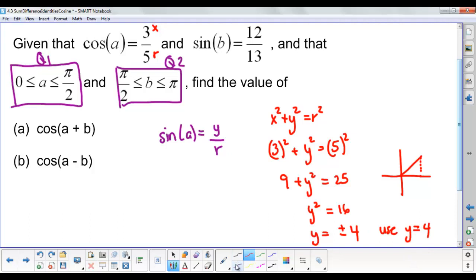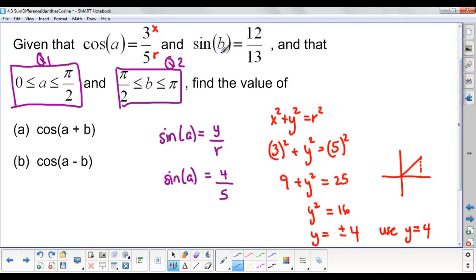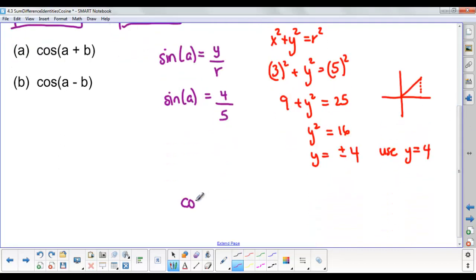So now we can go ahead and find our sine value. Sine of A is going to be y over r, which is 4 over 5. Before we move on, we have to find cos B. So same idea. We know that sine is y over r, and to find cos B, we need the information for x and r.